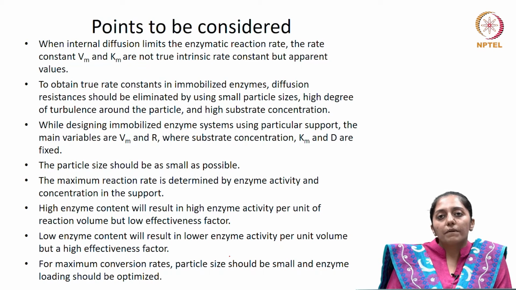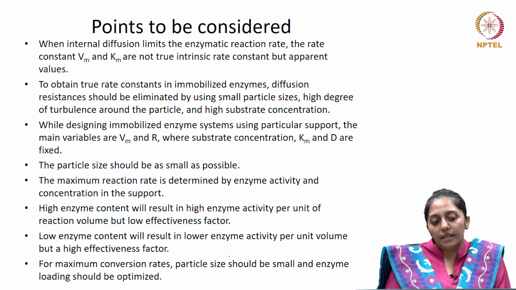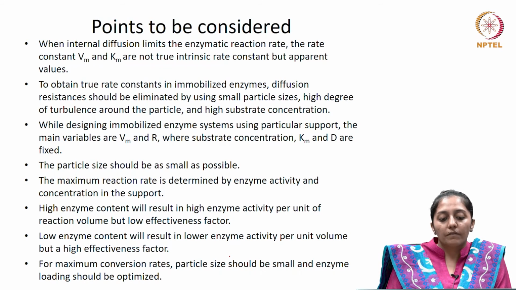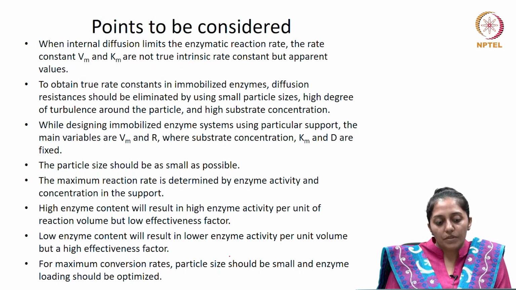Now the points which we must keep in mind when we are designing immobilized systems for maximum efficiency: because internal diffusion will limit the enzymatic reaction rate, the constants Vm and Km in such immobilized systems will not be the true intrinsic rate constants, but what we will measure through the experimental data would be the apparent values.